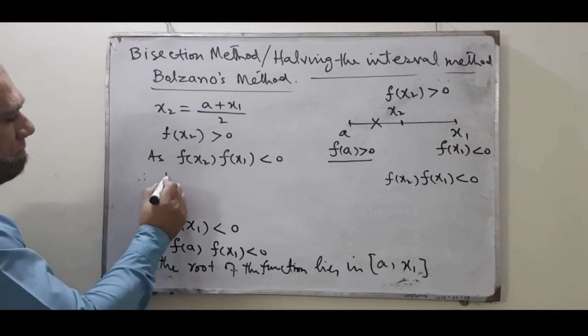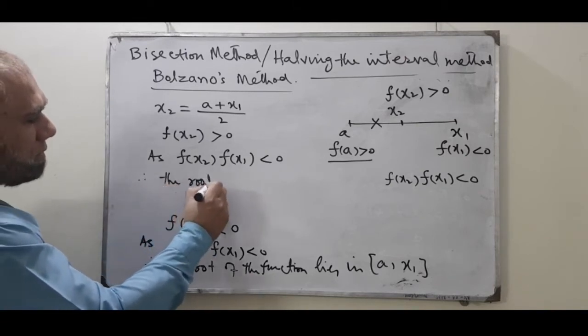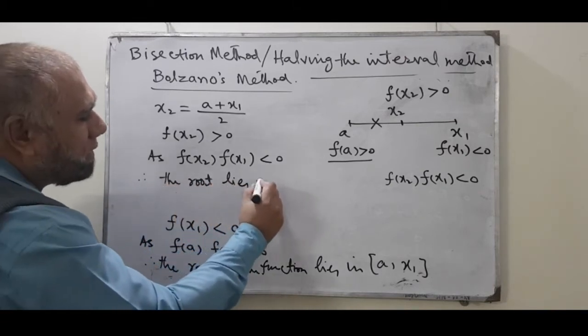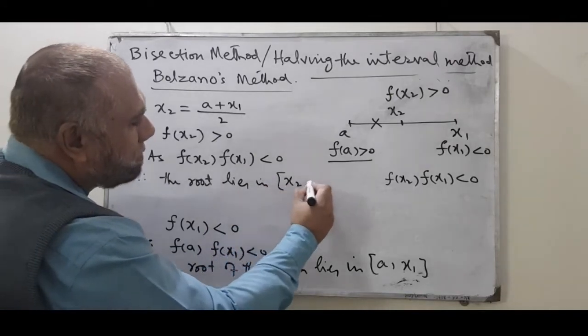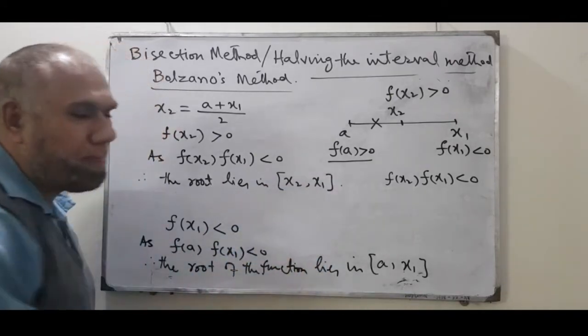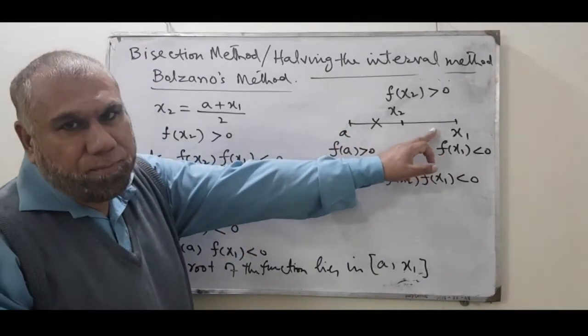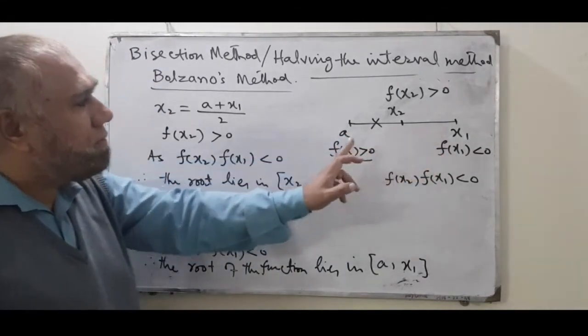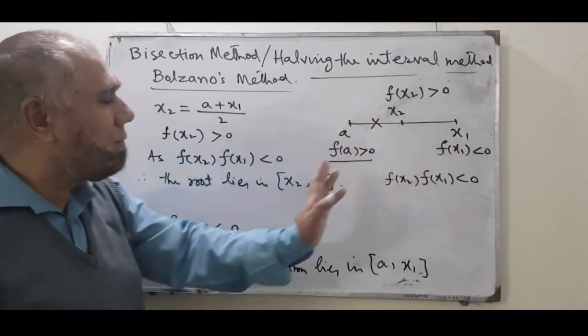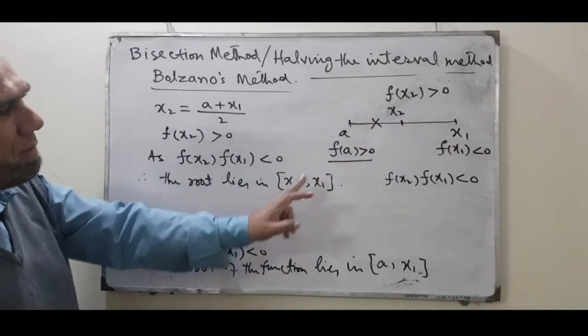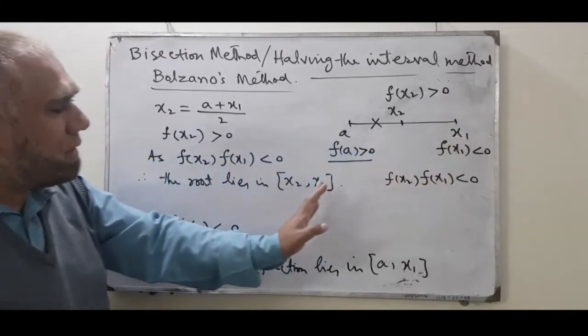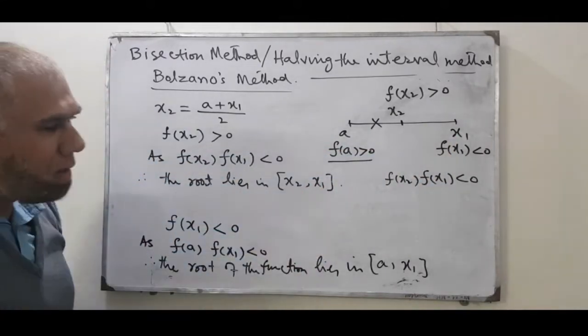Therefore, the root lies in the new domain from x2 to x1. Okay, and one more important thing is you have to keep the order of the numbers. You should not write x1 first. Whichever comes first, you have to keep as it is. So x2 comes first and x1 after that, so we maintain the order of these numbers.